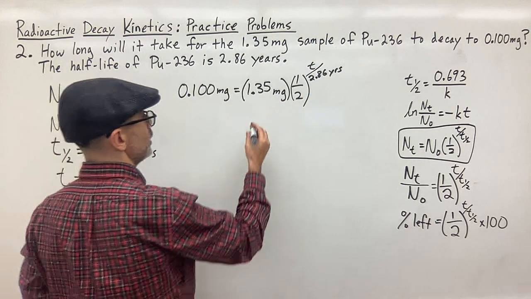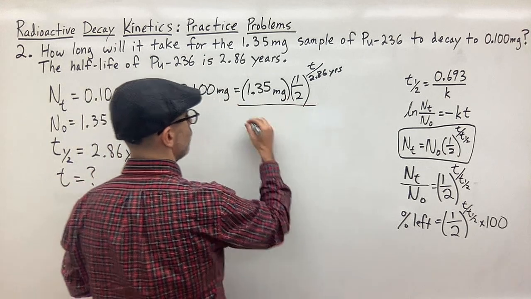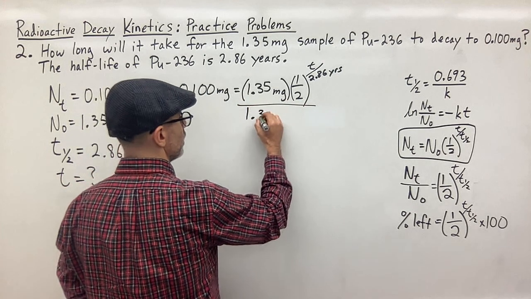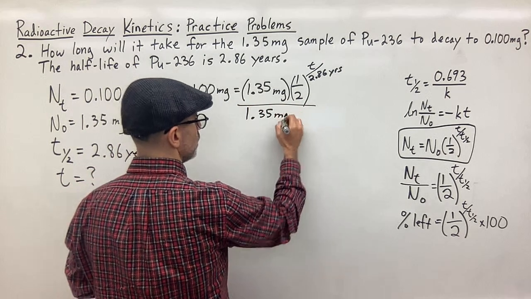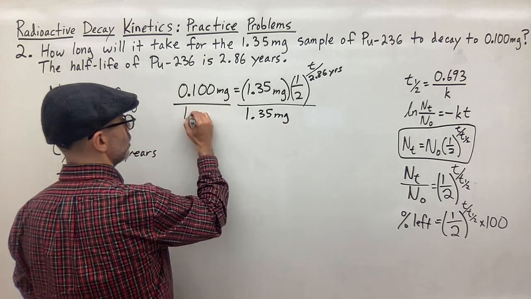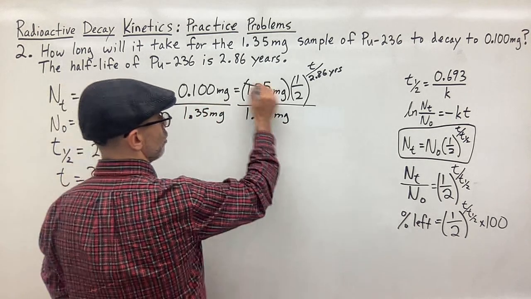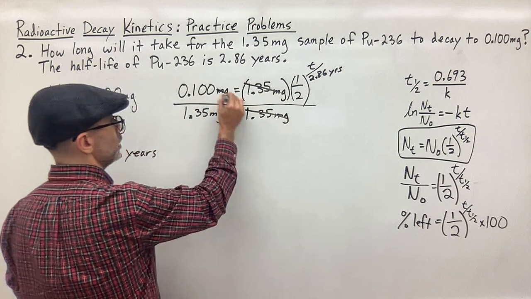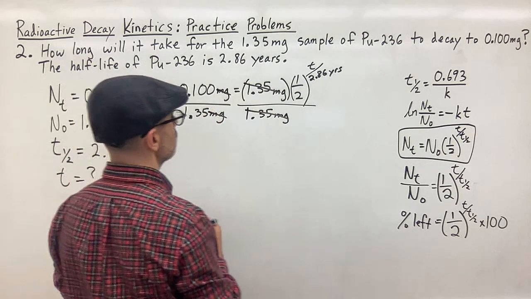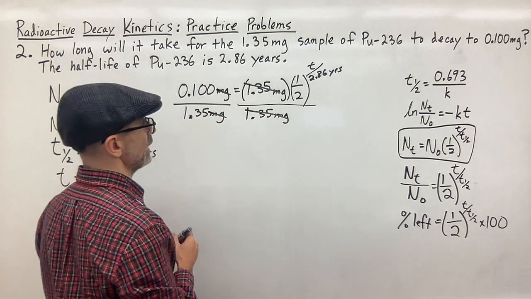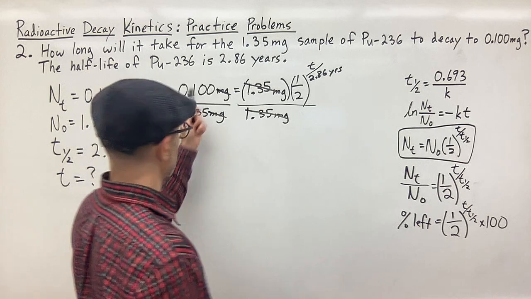So the first thing we want to do is divide both sides by 1.35 milligrams. So this will cancel out. Here, milligrams will cancel out. And so then we're going to calculate this out.